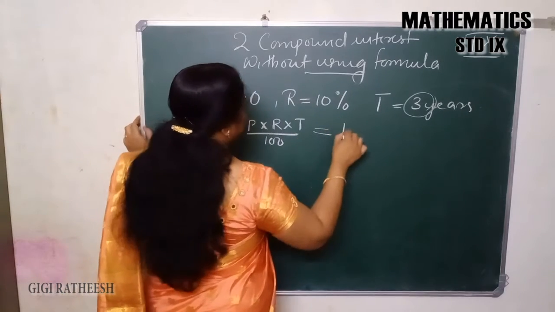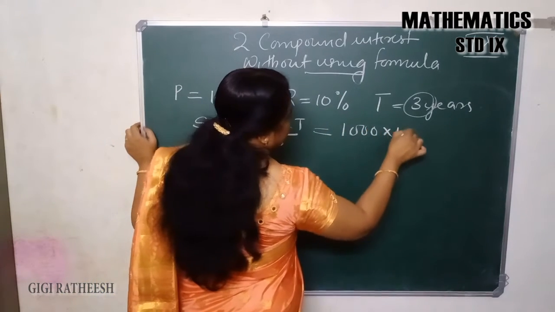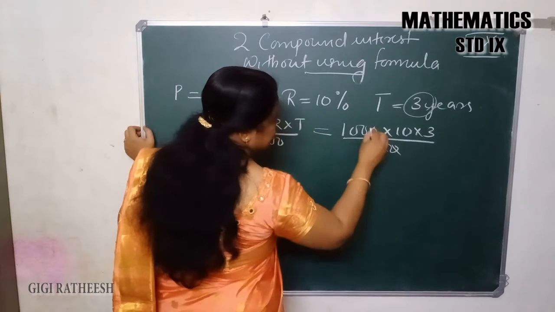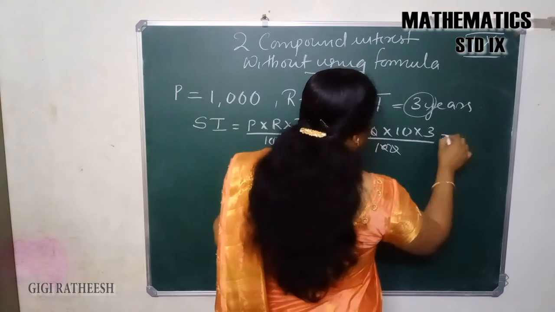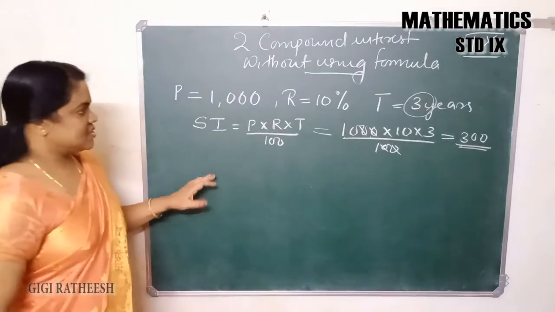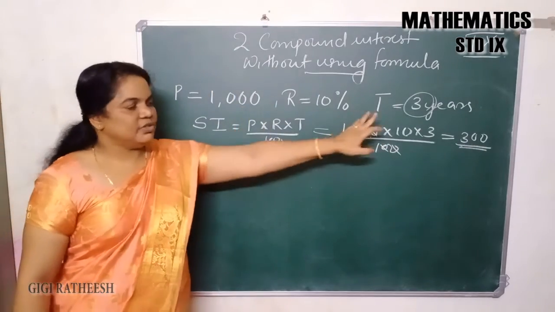That is equal to 1000 into 10 into 3 by 100, cancelling these two, that is equal to 300. 300 rupees is the total interest for 1000 rupees for 3 years.